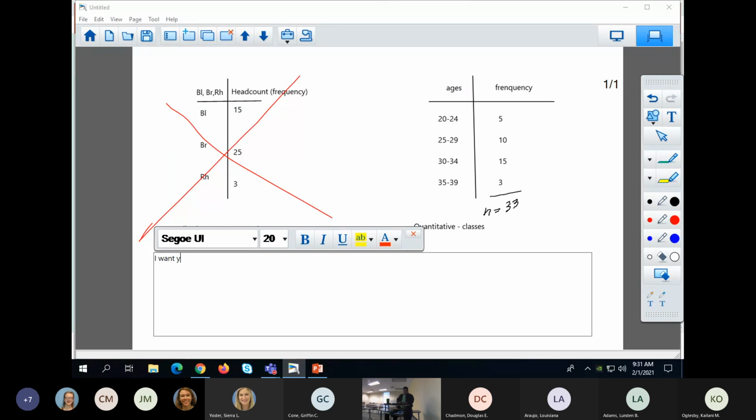I want you to be able to find the following items on a frequency distribution. Okay, we're not going to worry about typos. If you don't understand one of my typos, just ask. I'm not going to spend time going back and changing things, okay?